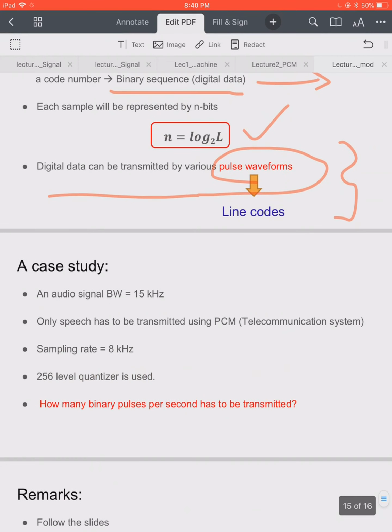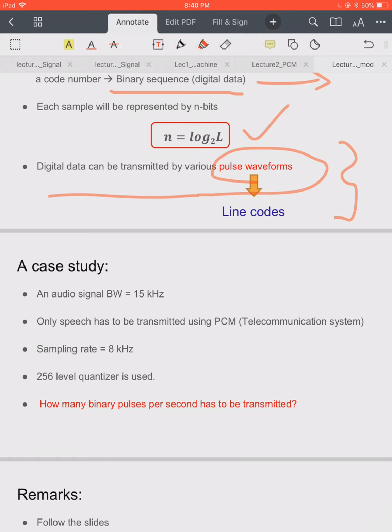Suppose I have an analog signal, an audio signal, with about 15 kilohertz bandwidth. I would like to transmit it over a communication link such that at the receiver end I can reliably receive the speech content from this audio signal.